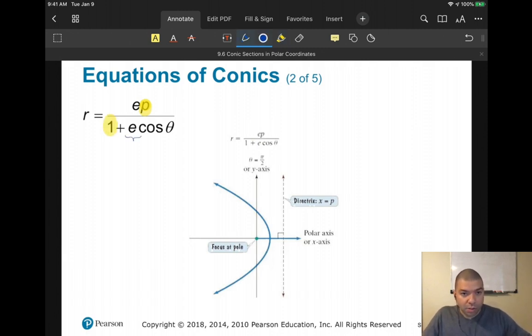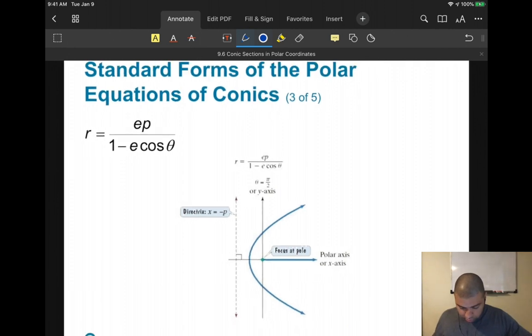And the next thing that you need to do is find the p-value. The p-value is going to determine whether the directrix is to the right or to the left. So you see x equals p is here. X equals minus p is there, and that's because I have a minus sign over here. So if that's a minus sign, then you go to the left. If that's a plus sign, you go to the other side.